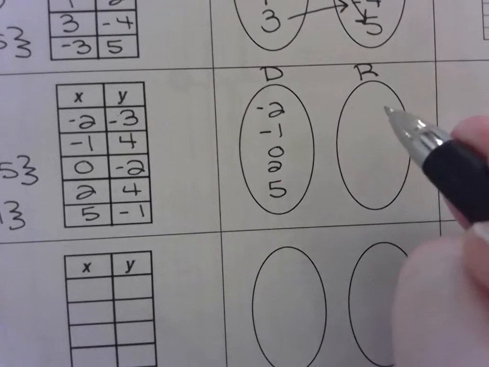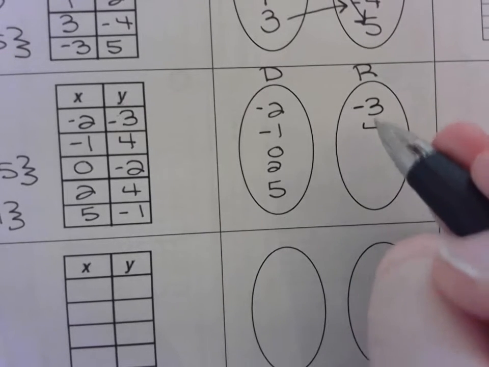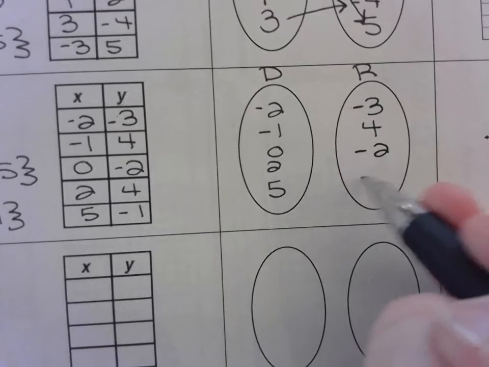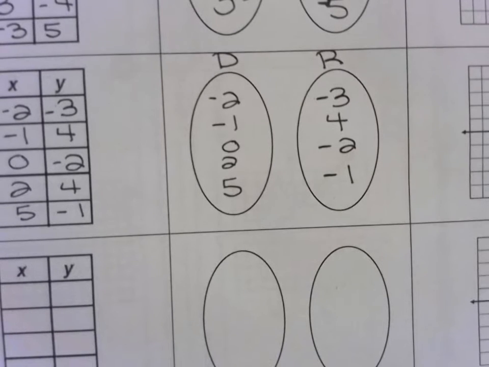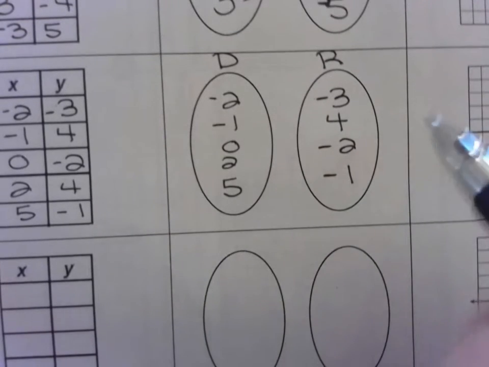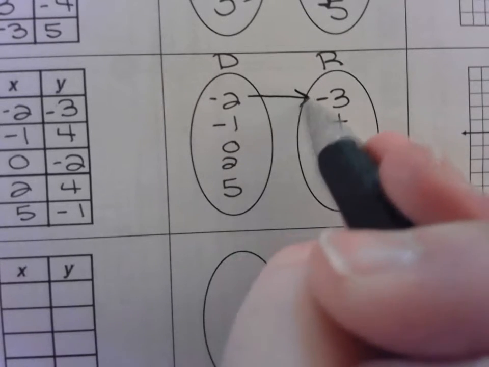My range, what numbers do I put in the range oval? Don't repeat the 4s with the mapping. So you only have one 4 in there. So -3, 4, -2, and -1. So don't repeat the 4s when you do a mapping. And then how do I tell what my ordered pairs are? -2 to -3.